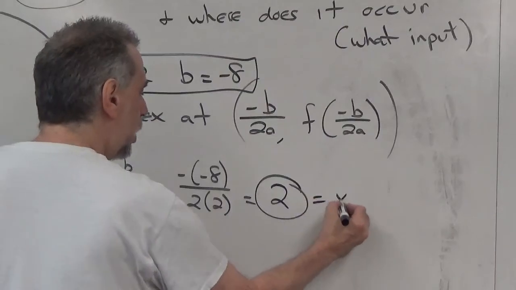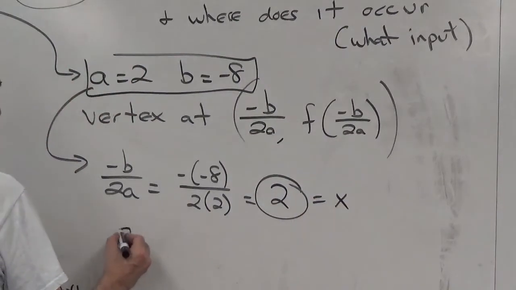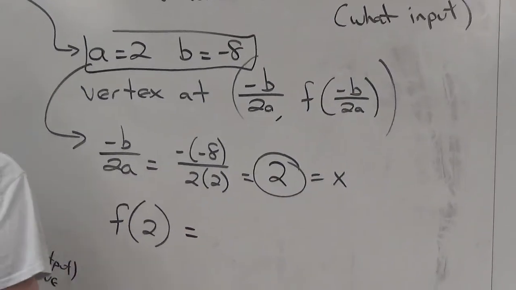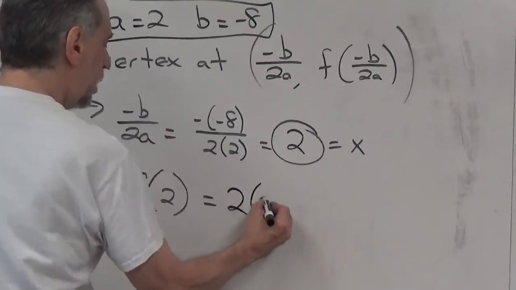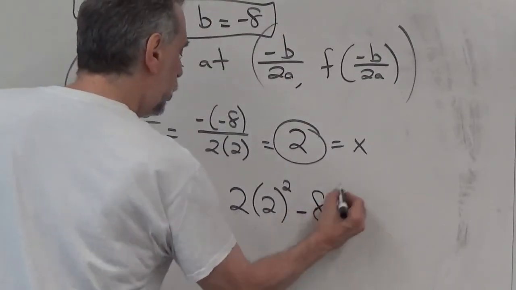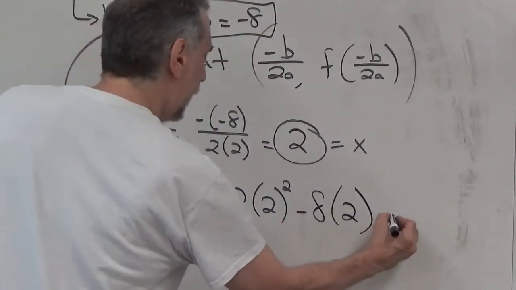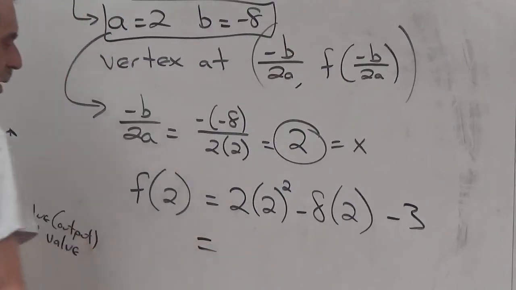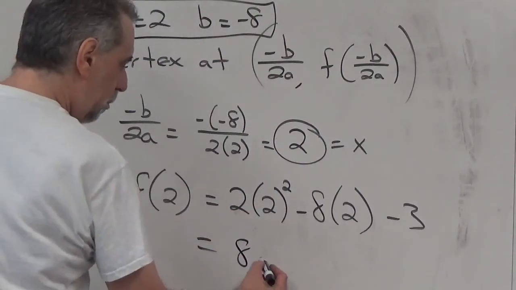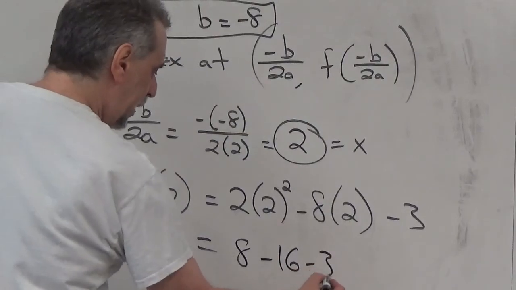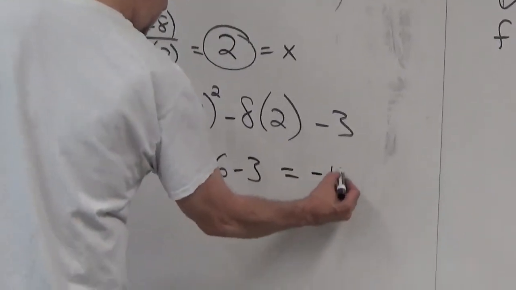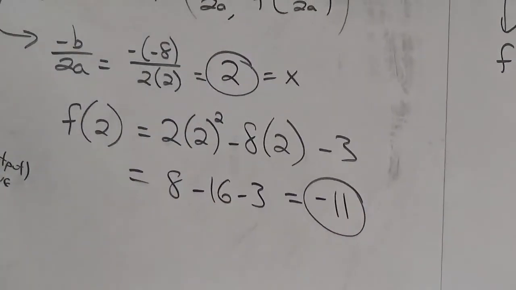That's the x-coordinate. And the y-coordinate, we put that 2 into the function, and we get 2 times 2 squared minus 8 times 2 minus 3. So we got 4 times 2 is 8, minus 16 minus 3. So it looks like -11 is the y value.